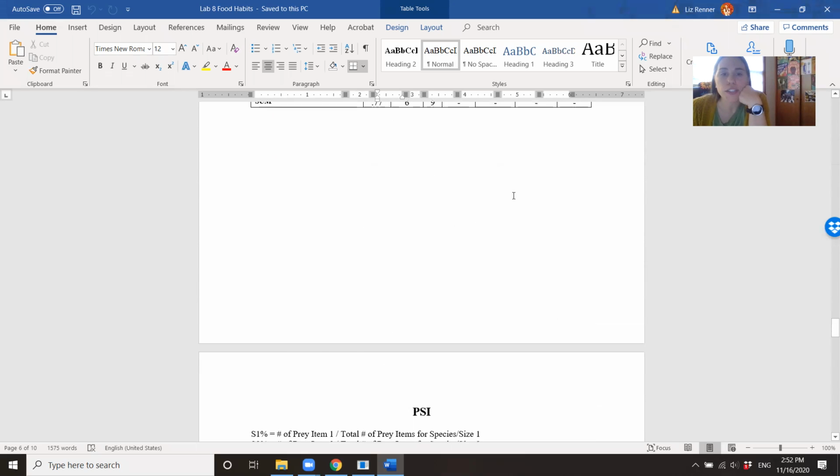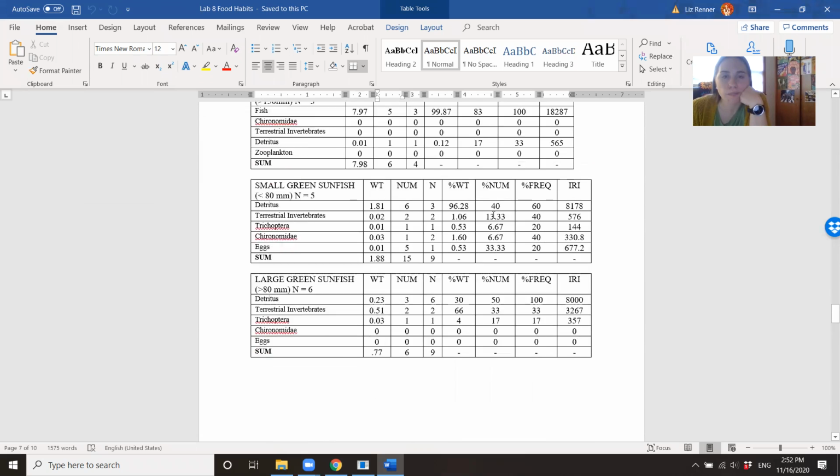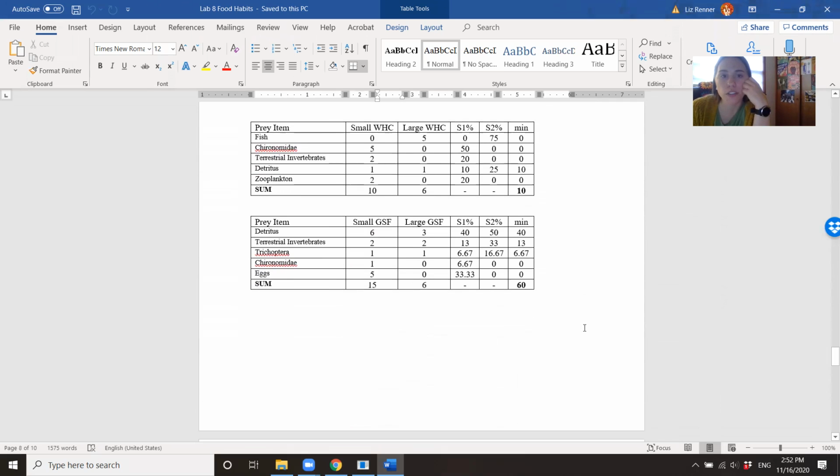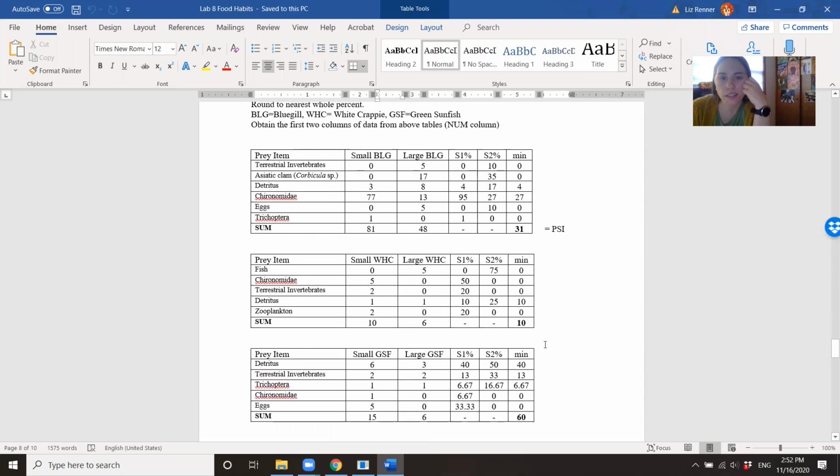And then finally for green sunfish, if we look at the IRIs, they actually do consume a lot of detritus. It is an important source of prey for both small and large green sunfish. And if we look at the PSIs between small and large green sunfish, both groups consumed detritus, right?